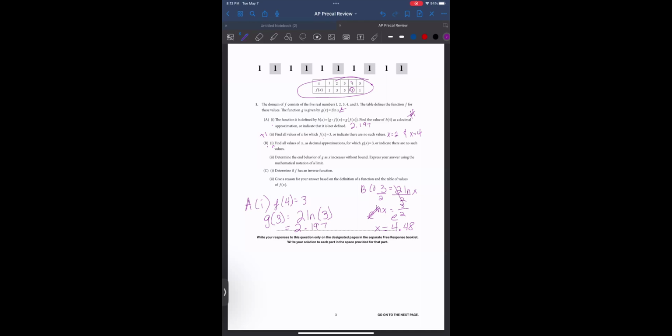So it would be 4.482. Wait, do we still need to show it? Yes. Oh wait, I get it. Because the E cancels out the ln, and then you just do it on the other side too.